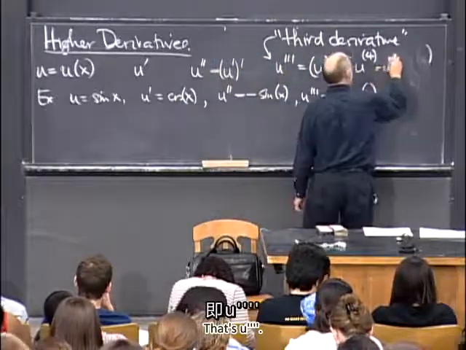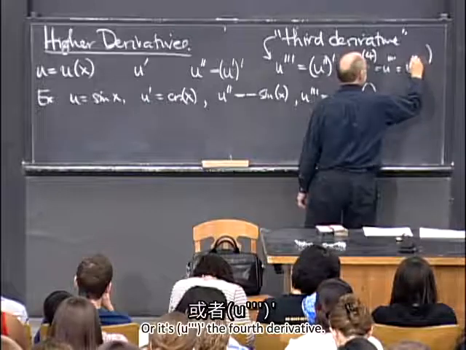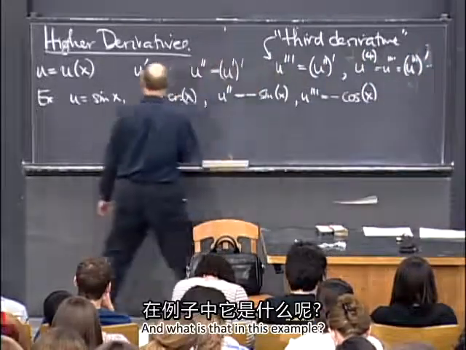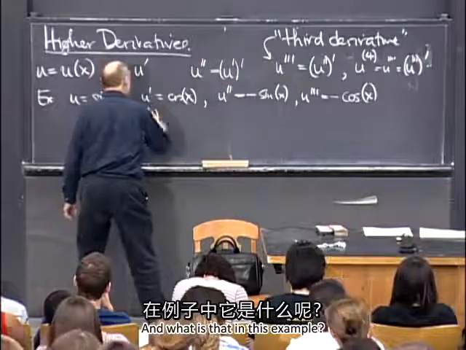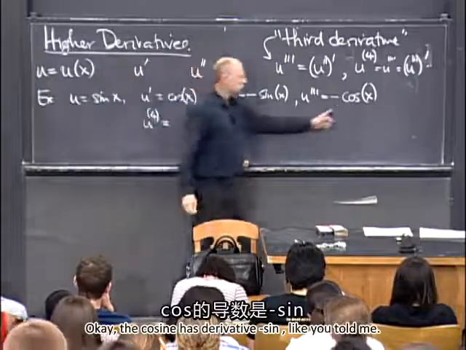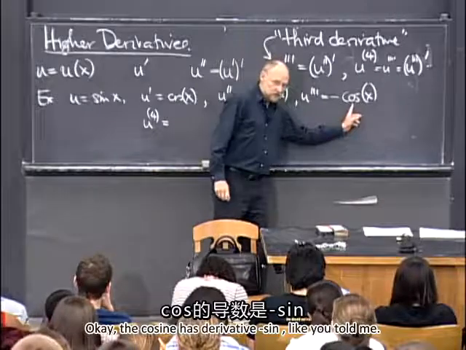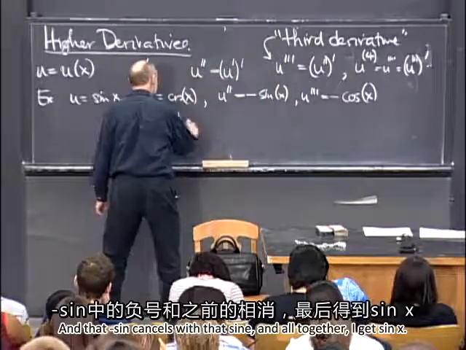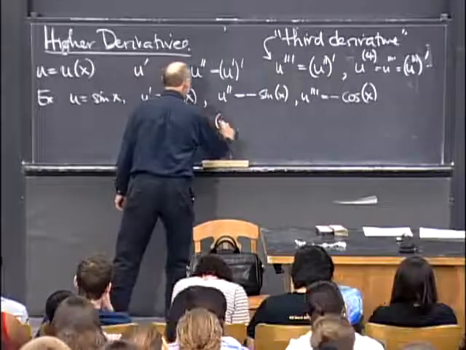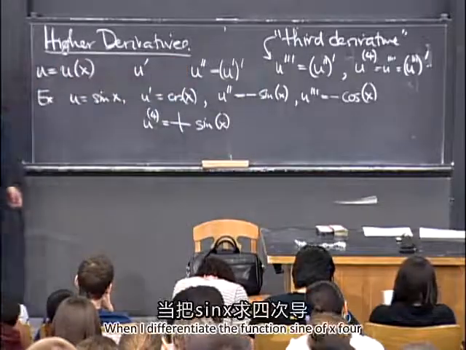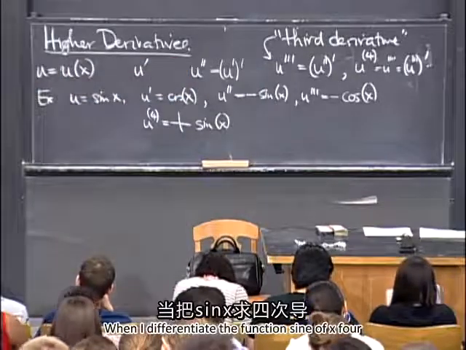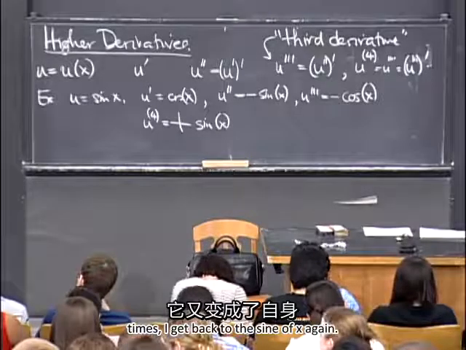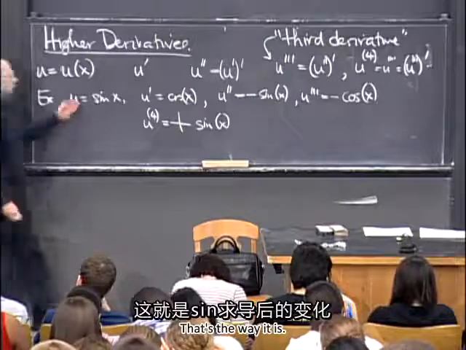That's u prime prime prime prime, or it's u prime prime prime differentiated again. And what is that in this example? Okay, the cosine has derivative minus the sine, like you told me, and that minus sign cancels with that sign, and altogether I get plus the sine of x. That's pretty bizarre. When I differentiate the function sine of x 4 times, I get back to the sine of x again. That's the way it is.